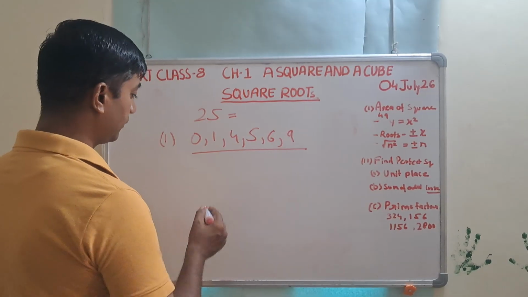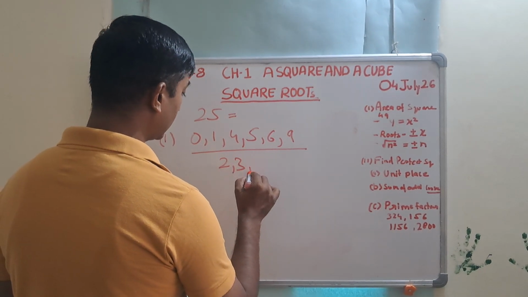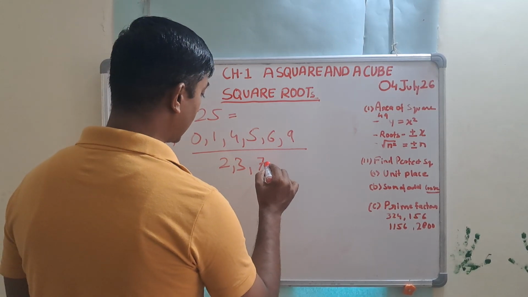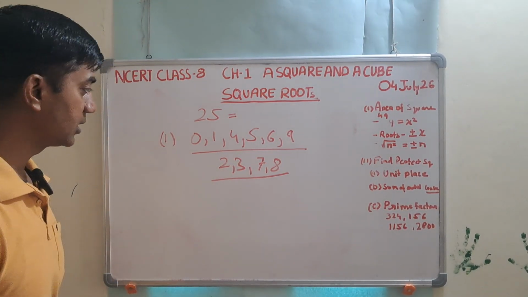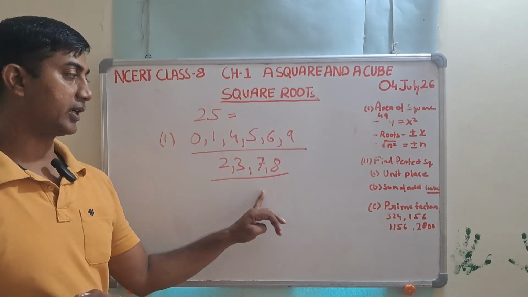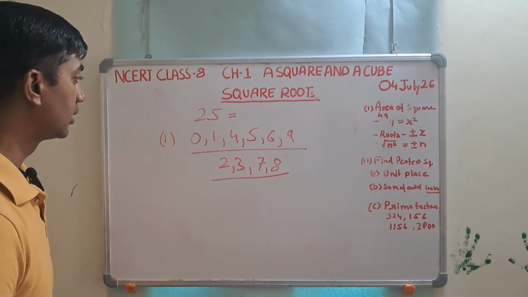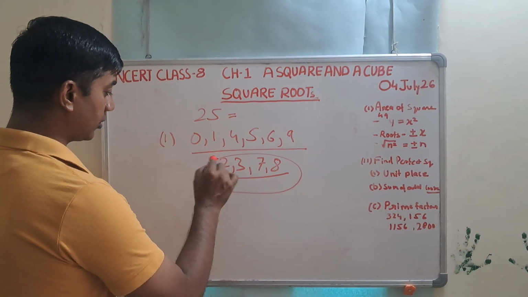But if 2, 3, 7 and 8 are coming at unit place, then the number is definitely not a perfect square. Understood? So we can identify whether a particular number is a perfect square or not.